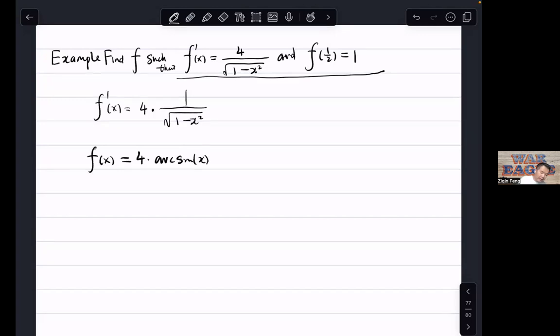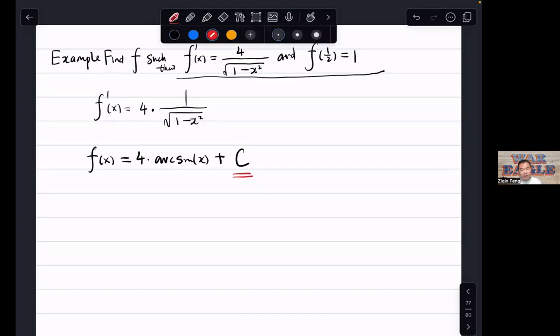sine of x plus a constant. You have to remember this constant in the end, otherwise you can never get the correct answer.